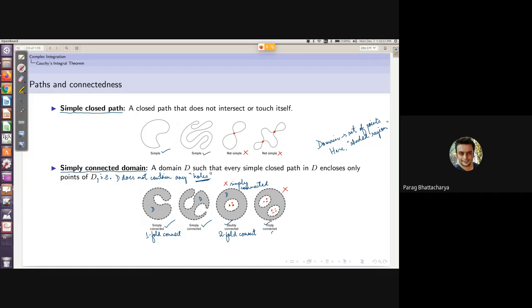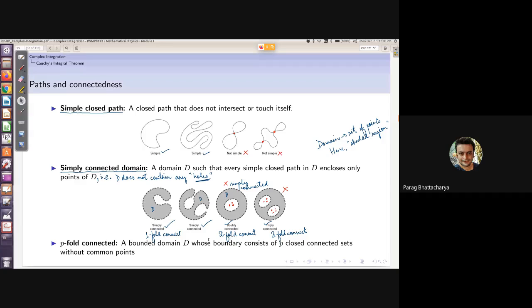And triply connected means three-fold connectedness. So in general, if you have p minus one holes, we call it p-fold connected. So a bounded domain whose boundary consists of p connected closed sets without common points.